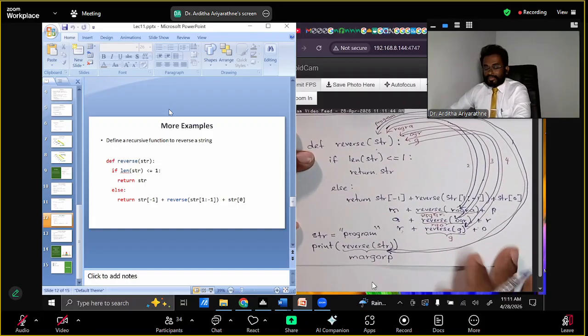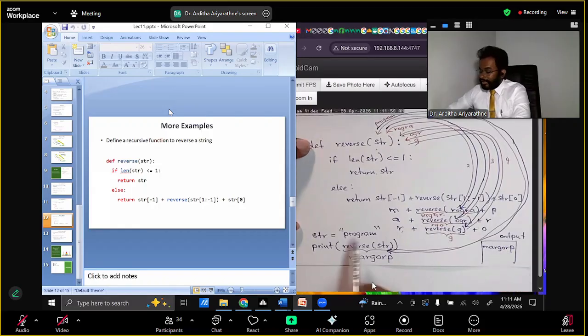Right? So in our output, what we are getting? MARGORP. So what is this? The initial word program. This is how we reversed it. The characters, the letters are reversed, right?